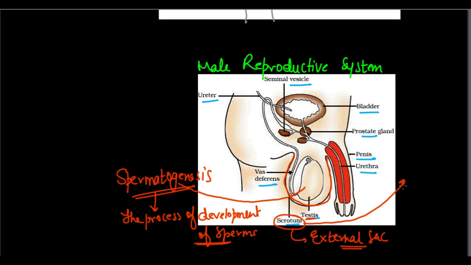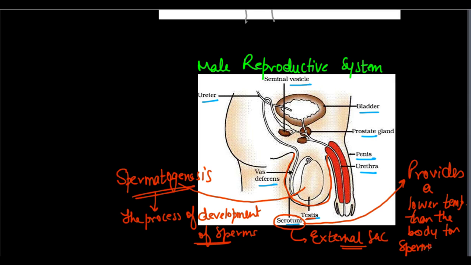Basically, it provides a lower temperature than the body for sperm development. For the process of spermatogenesis, a temperature slightly lower than the body temperature is required, and that's what the scrotum does, so that the spermatogenesis process takes place smoothly, right?